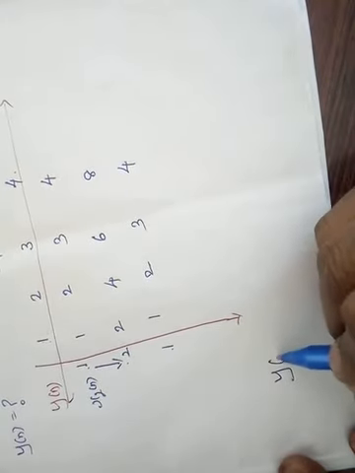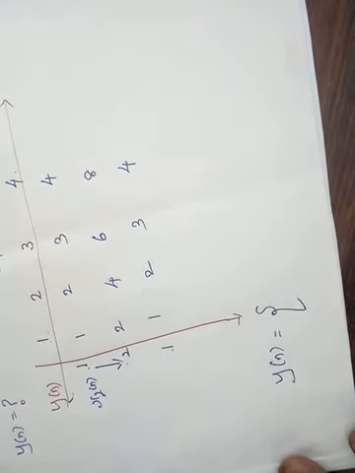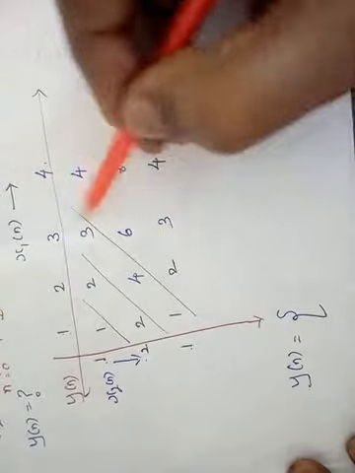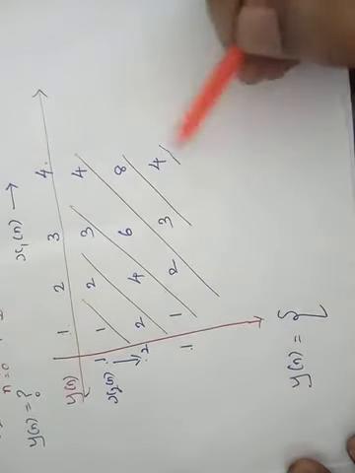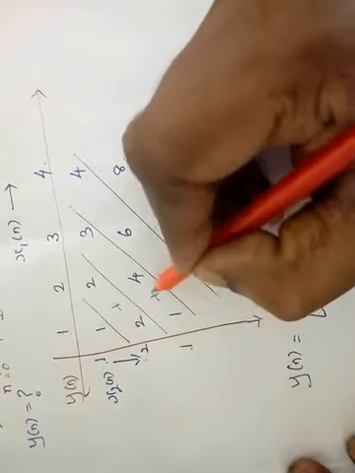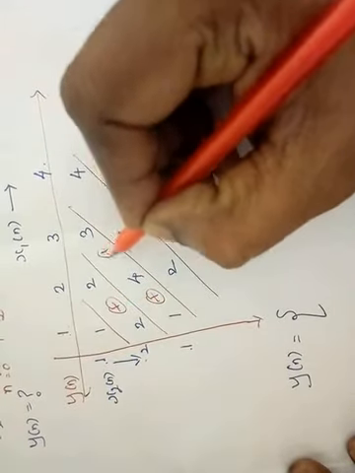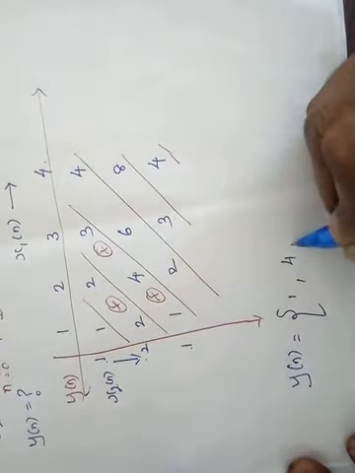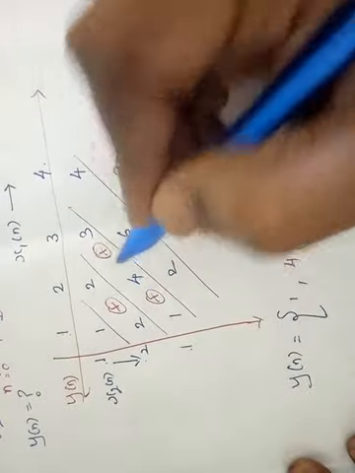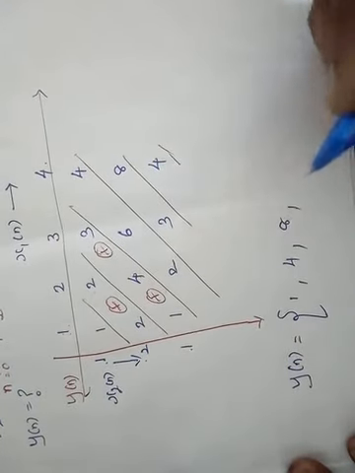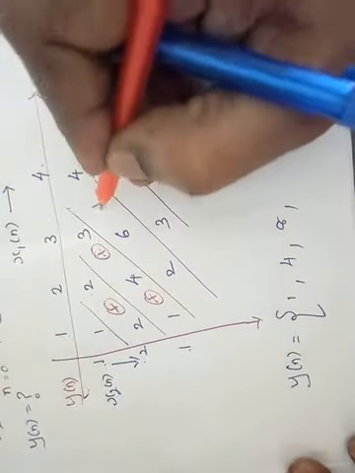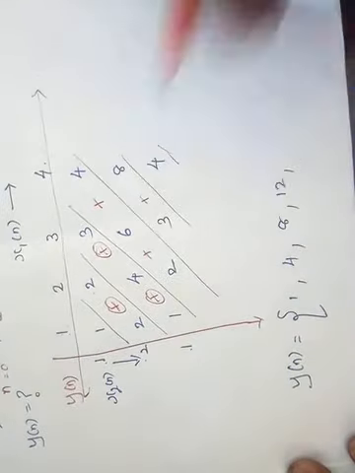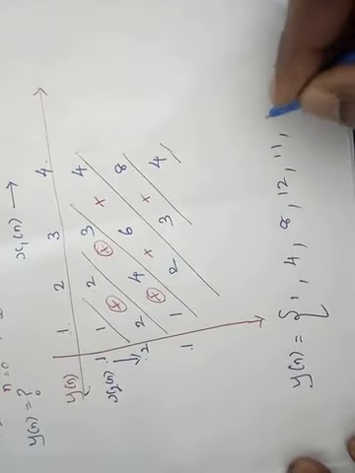So to get y of n, let us make a summation, right? Let me draw diagonal lines like this, so we can get an answer. So we add these elements. That means the first element is 1, then 2 plus 2 is 4, and then 4 plus 3 plus 1, that is 5 plus 3 is 8, now 6 plus 4 plus 2 is 12, 8 plus 3 is 11, and then 4.